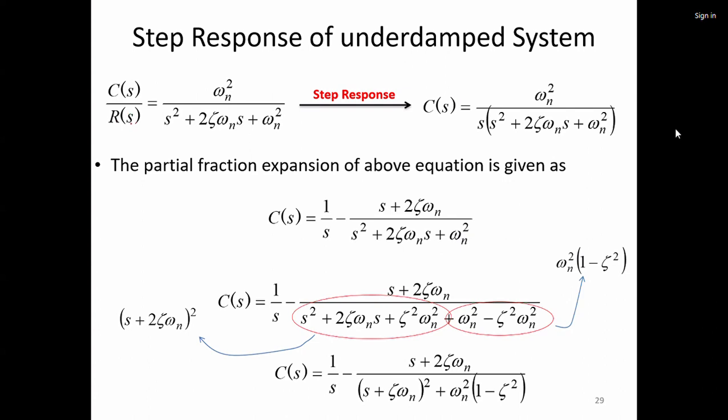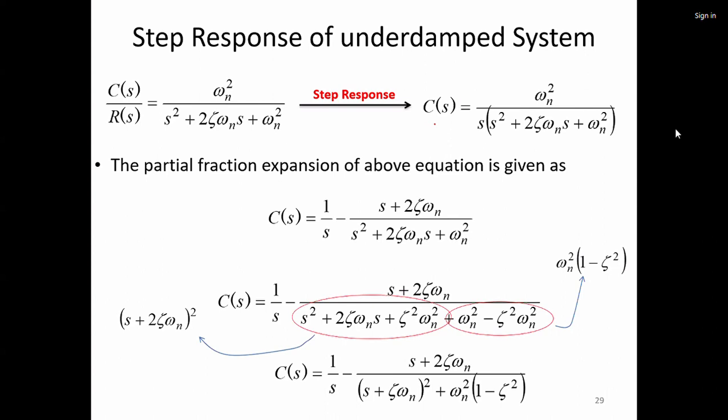For an input of 1 in the time domain, in the frequency domain, the expression becomes 1 over S, right? If you remember when we talked about the Laplace transformation, when we take a Laplace transformation of a unit function, the value is 1, you get in the frequency domain 1 over S. And this is the transfer function.